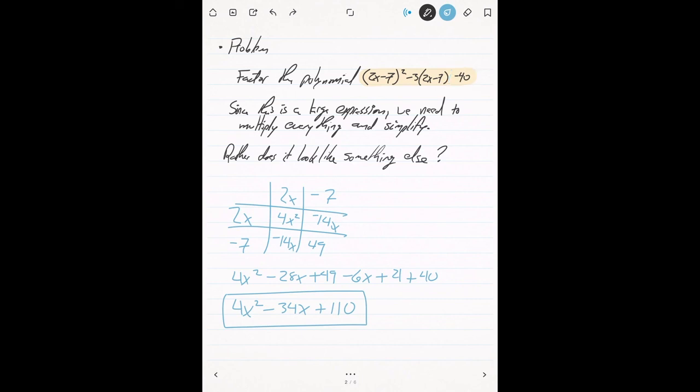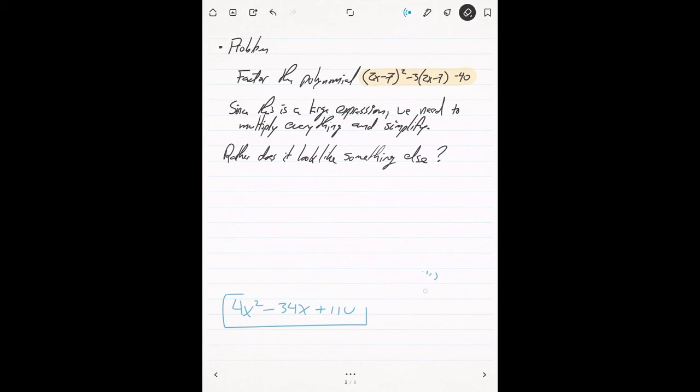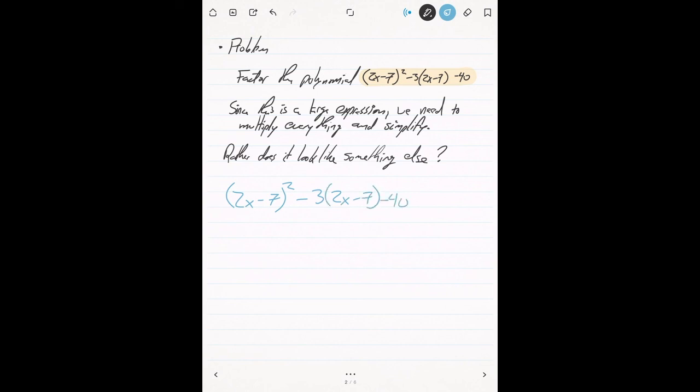Hopefully, you're recognizing that this very elaborate polynomial, (2x minus 7) squared, minus 3 times (2x minus 7), minus 40, looks a lot like x squared minus 3x minus 40.